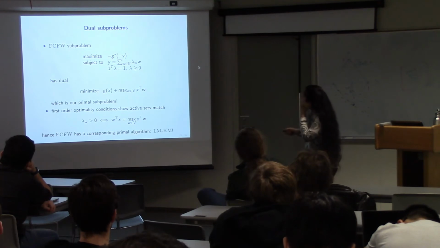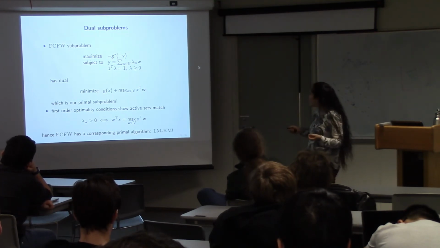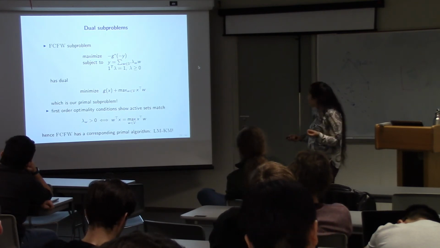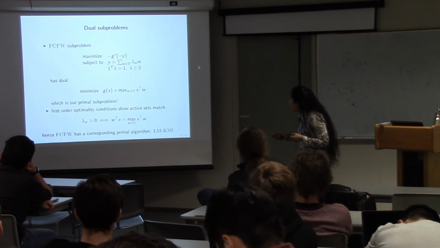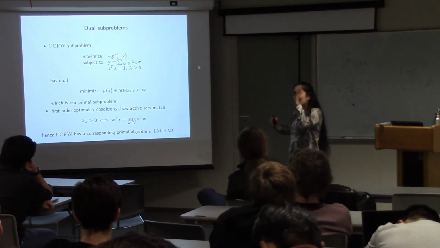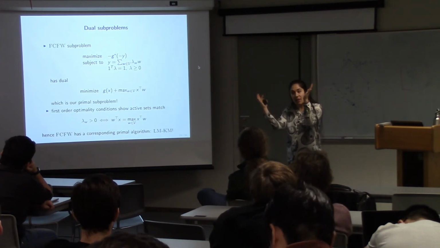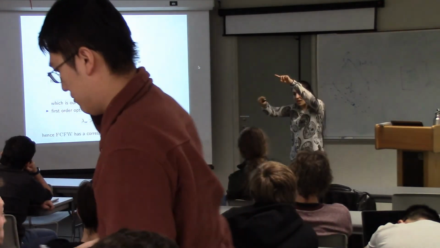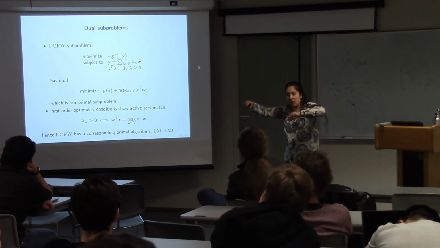So the first order optimality conditions between these two subproblems show that actually the active sets match. If I selected a certain set of planes that were tight in limited memory Kelley's method, those would be the same as the set of vertices that I select in the dual method, fully corrective Frank-Wolfe.